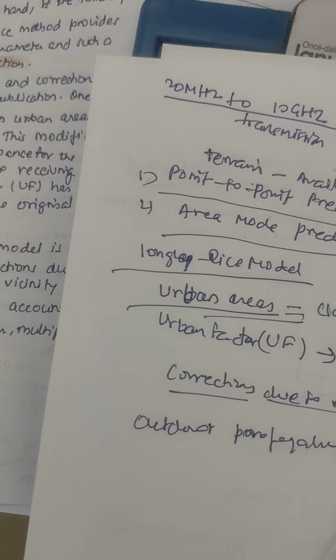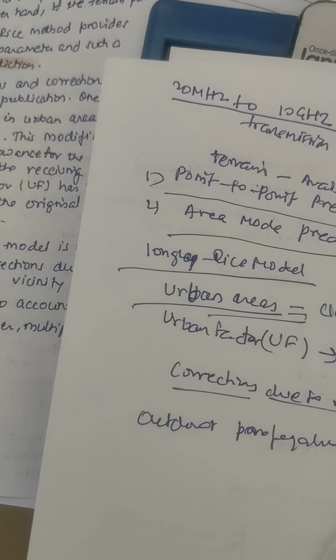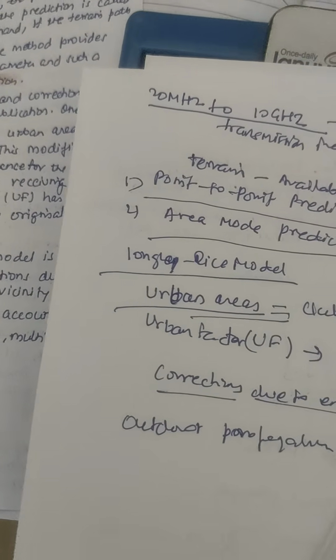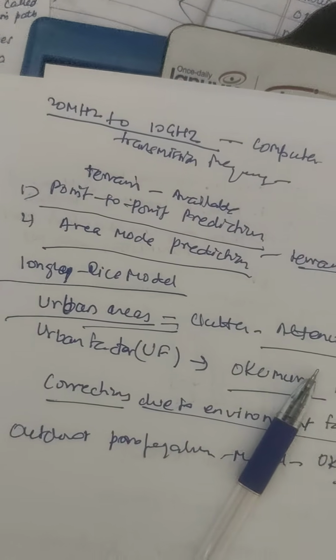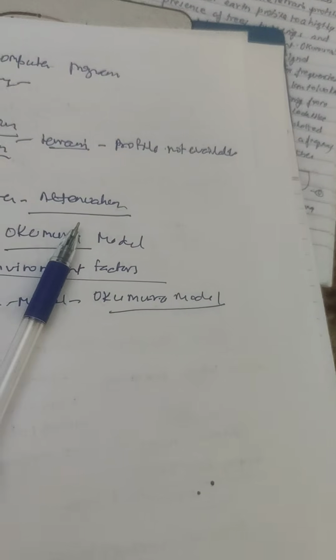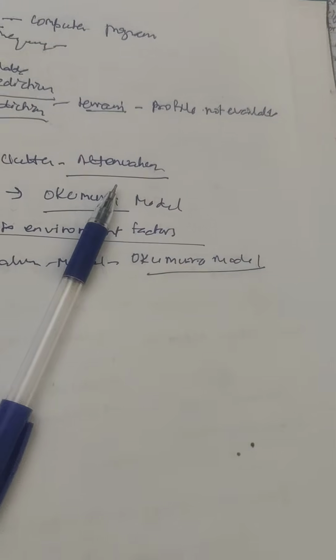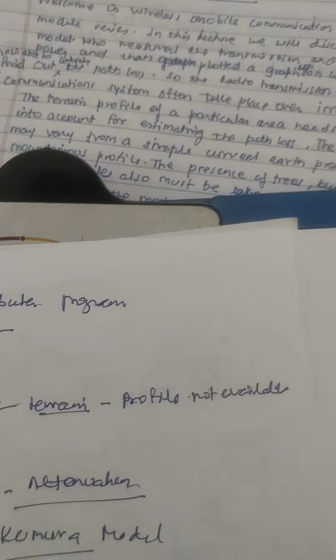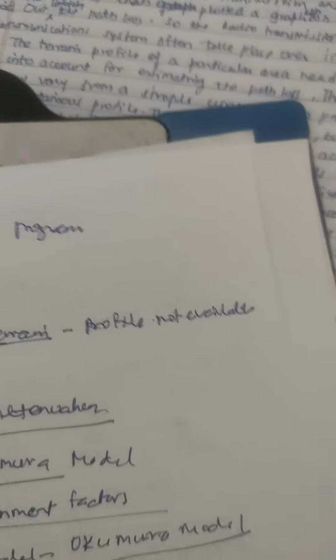Now move towards the Okumura model. In the early days, the models were based on empirical studies. These Okumura models are basically applicable to predict the received signal strength in urban areas.